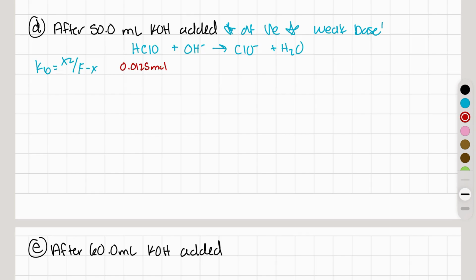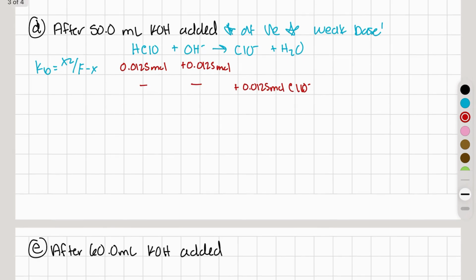And as this reaction goes on, we're going to add the same amount of moles, these are going to go away, and we're going to end up with 0.0125 moles of ClO minus. All right, and we're going to be able to use this as this F value here.